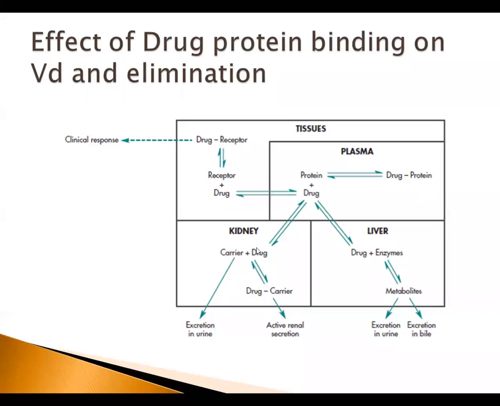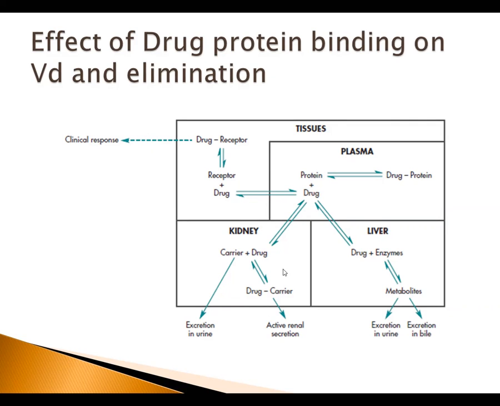So at every place, the drug which is bound to the plasma protein cannot easily cross, and the free drug can easily cross, and when it crosses, it can go into the liver, or into the kidney, or even to the drug target site for the therapeutic effect, the so-called clinical response.